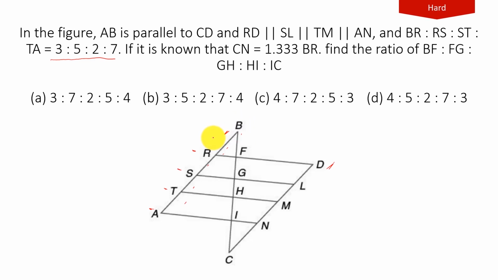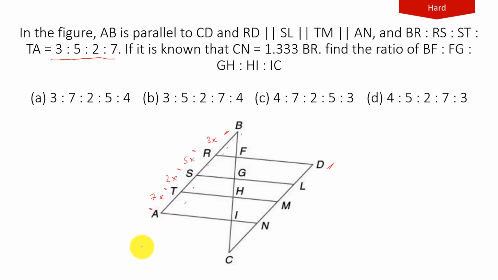So if you want to write the dimensions of these segments, BR is 3x, RS is 5x, ST is 2x, and TA is 7x. So if you take their ratio, it will come out to be 3:5:2:7.